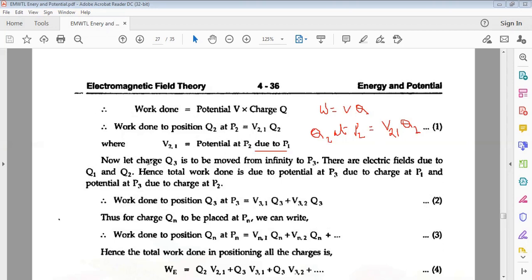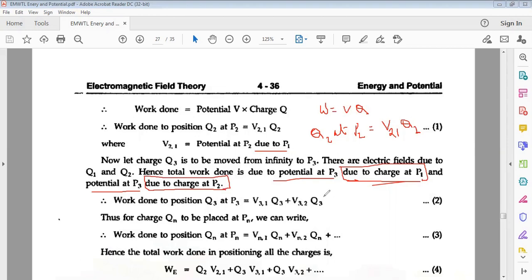Okay. Now let charge Q3 be moved from infinity to the point P3. There are electric fields due to Q1 and Q2, hence the total work done is due to the potential at P3 due to the charge at P1 and the potential at P3 due to the charge at P2.